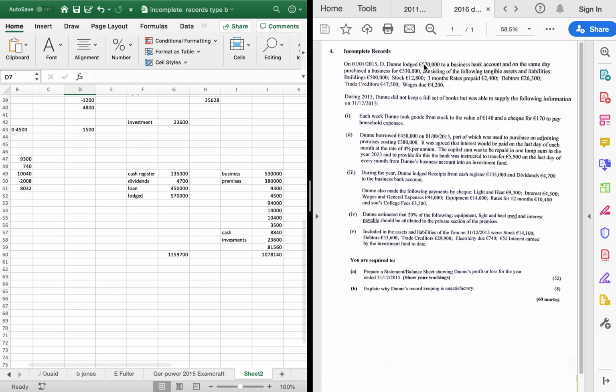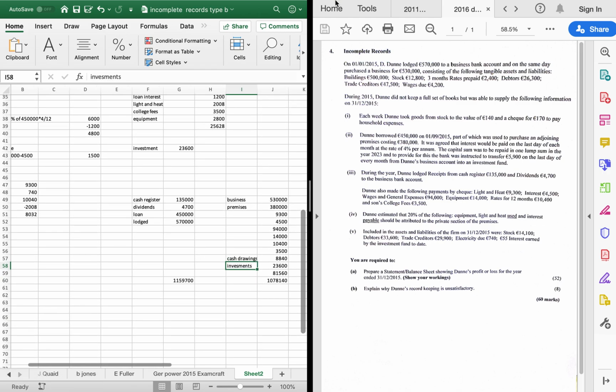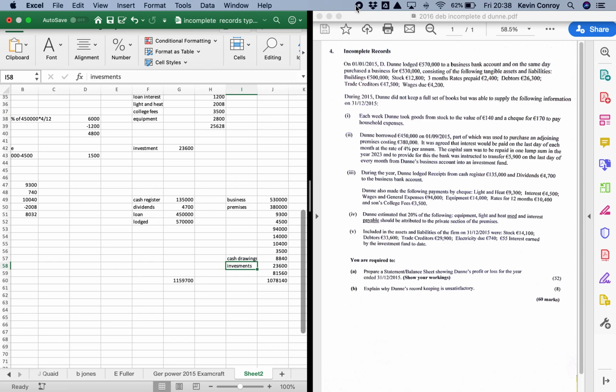So your lodgements were the 570, your cash register of 135, your dividends of 47, and your loan, and then your payments, so all of your cash payments plus what you paid for the business 530, you paid for the premises of 380, so all of those get taken away. Your investments obviously have to go out, and it's not cash, it's your cash drawings by cheque, they have to come out as well. So that's that one done. So hopefully that was a little bit of use and that didn't cause too much confusion.